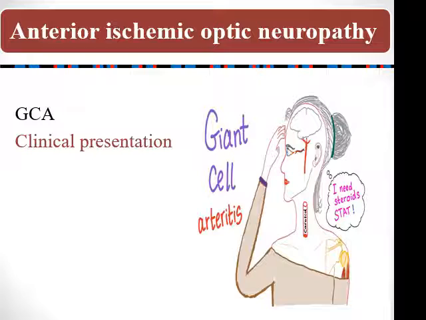It is associated with scalp tenderness due to inflammation of the superficial temporal artery, jaw claudication, headache, and pain in the proximal muscles in the shoulder and the arm.